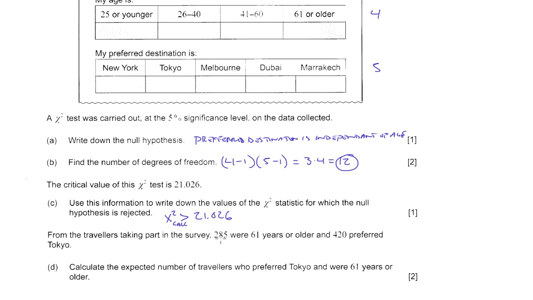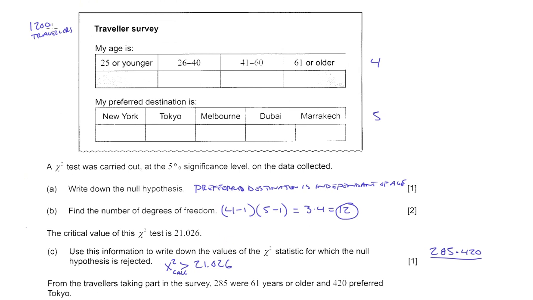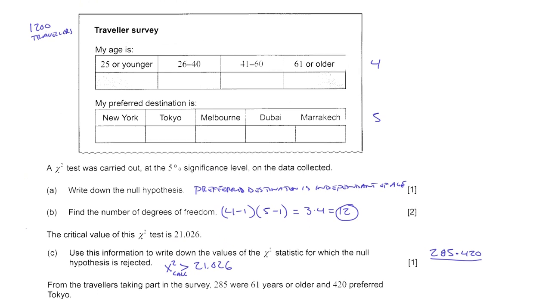We multiply those two numbers: 285 times 420, divided by our total number of travelers, 1,200, from the original description.